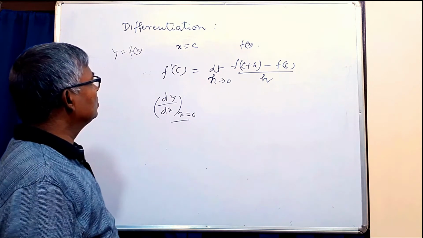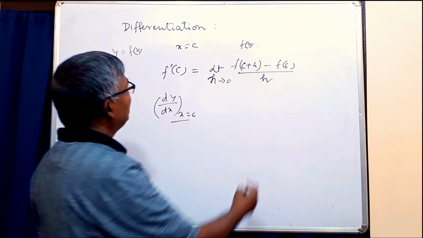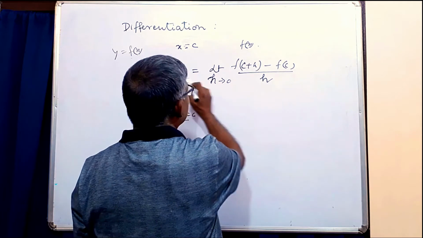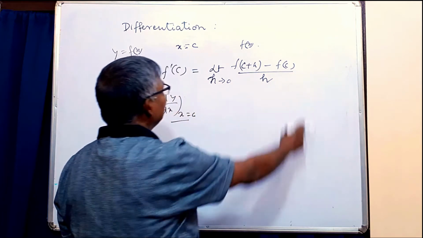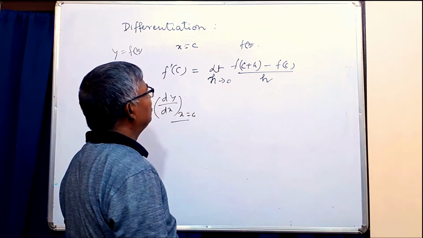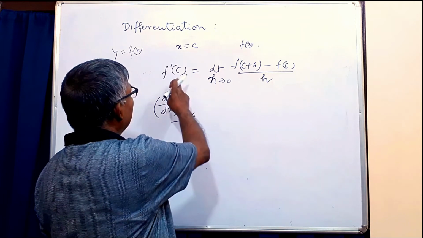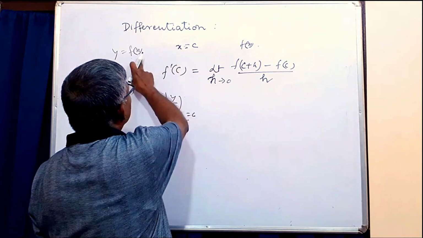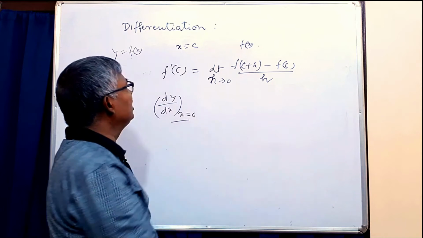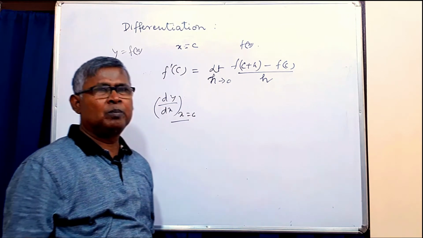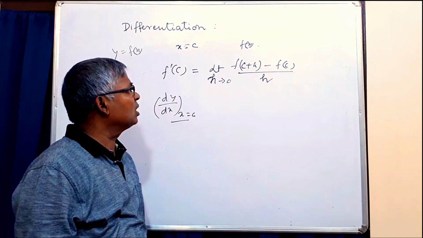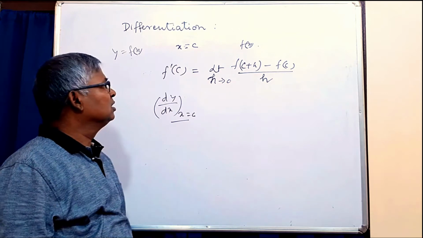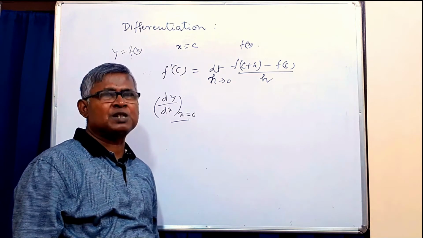This definition of getting the derivative of f(x) at x equal to c is called differentiation from definition, or differentiation from the first principle.